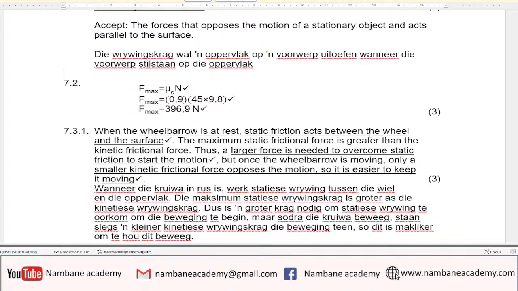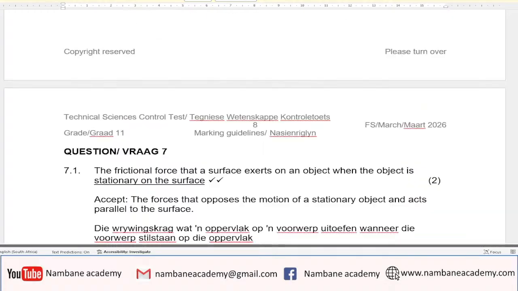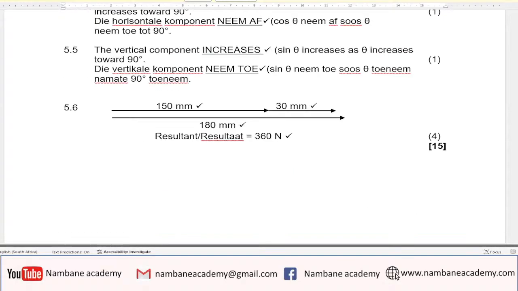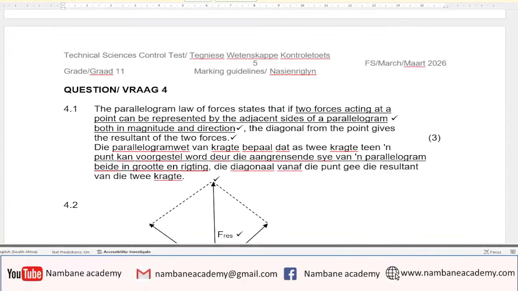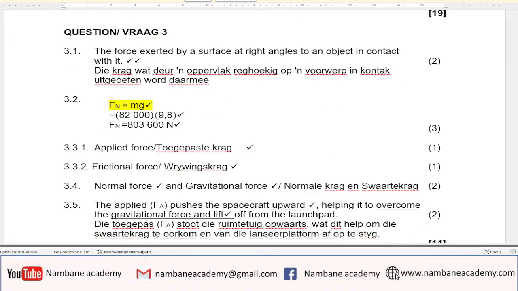Thank you. Can you please also put for the definition at 6.1 that we accept force that opposes the motion of an object, the same definition just for a moving object?